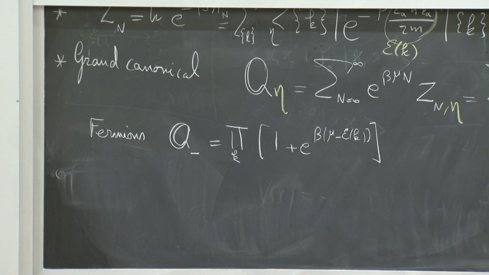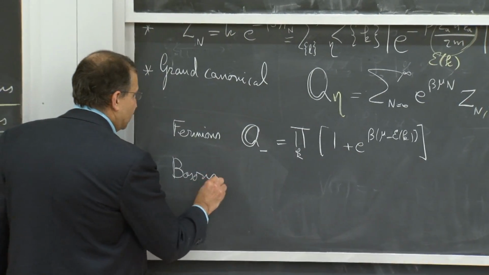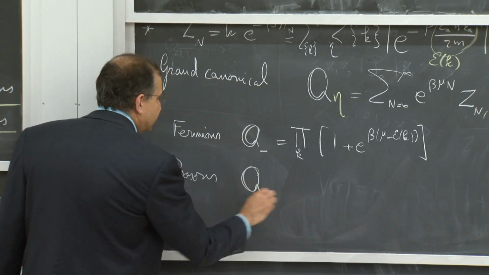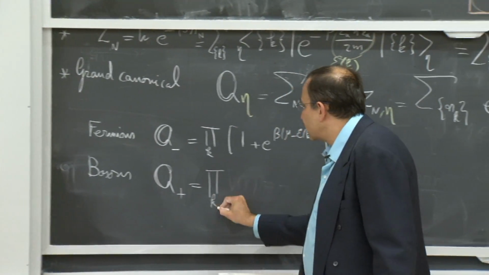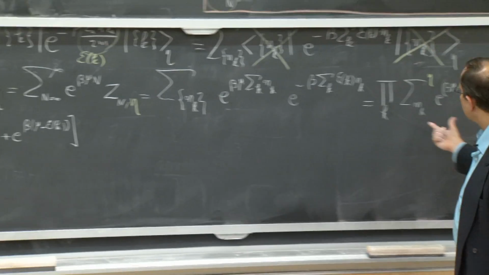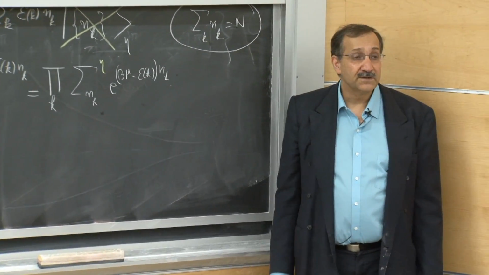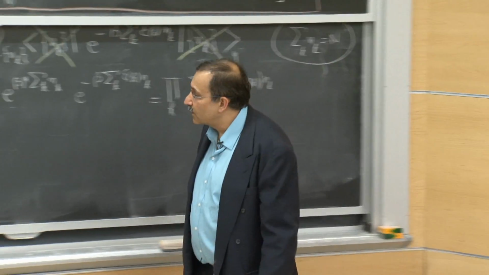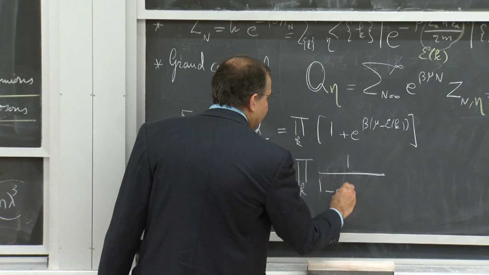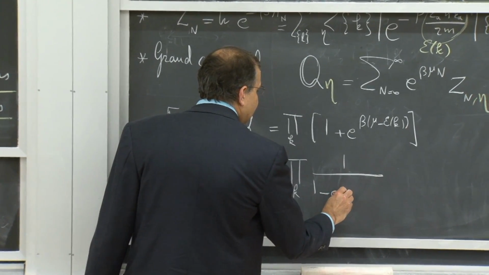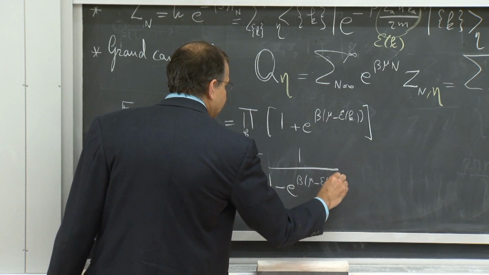Okay. For the case of bosons, I have a Q plus. Q plus is again a product over k. In this case, nk going from 0 to infinity, I'm summing a geometric series that starts as 1, and then the subsequent terms are smaller by a factor of e to the beta mu minus epsilon of k.